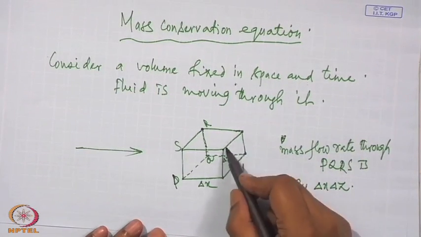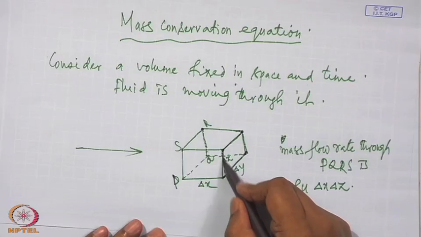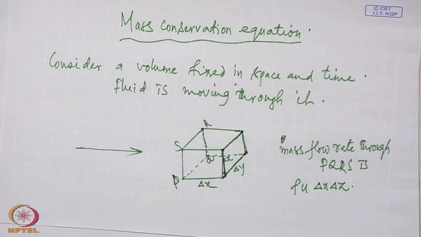The opposite phase, this phase. Delta y delta z is all right, the area of that phase still remains delta y delta z, but what about this quantity rho u? Again it is rho u.